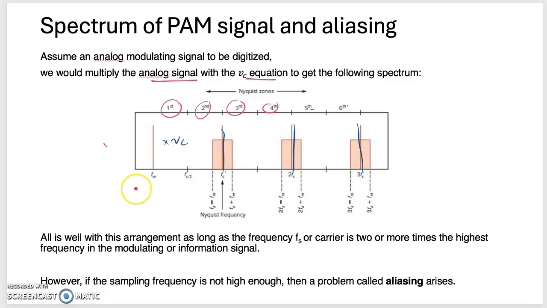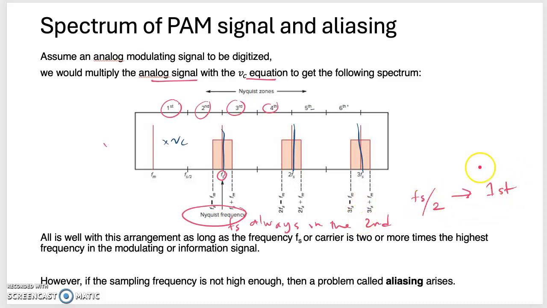The Nyquist frequency, or the sampling frequency, Fs, is always in the second Nyquist zone. And Fs divided by 2 is always in the first. So this is fixed.